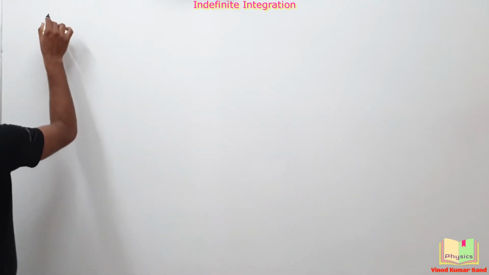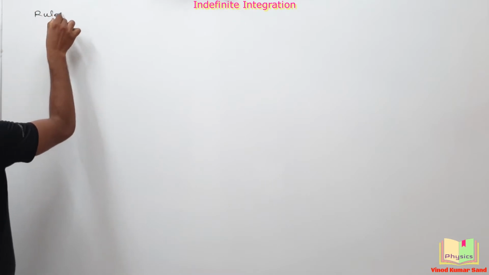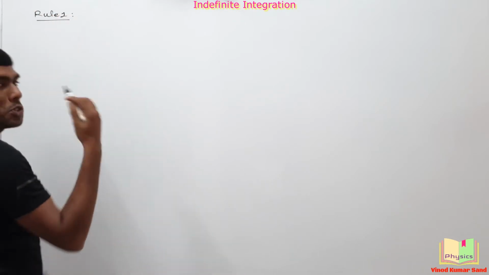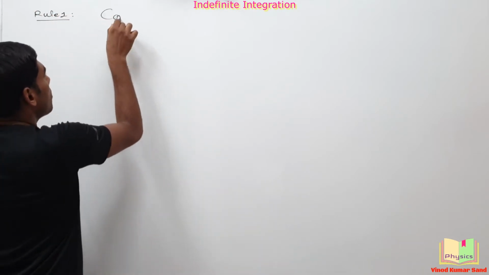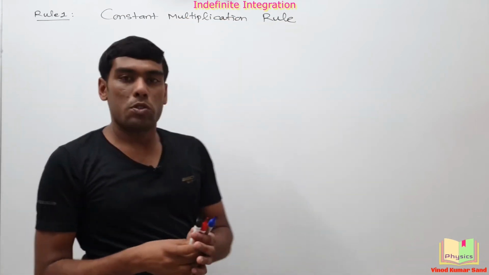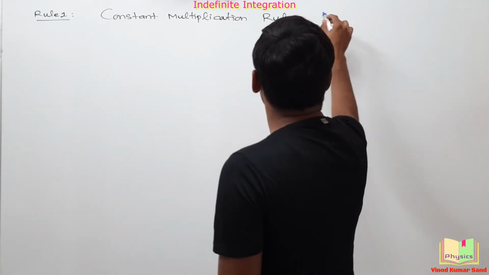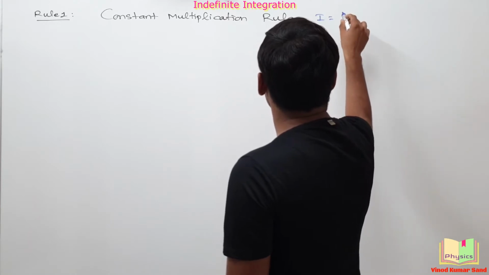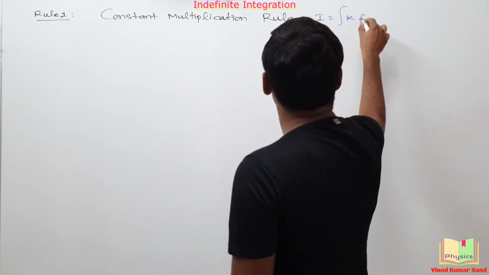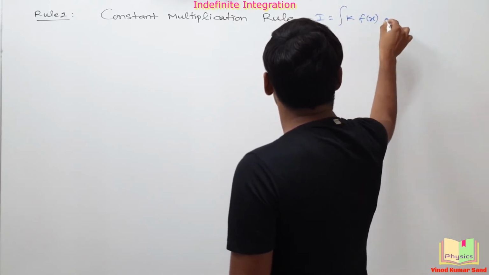Let's check the rule number 1, the constant multiplication rule. It's similar to what we have seen in the differentiation. Suppose you have some constant which is in multiplication. Let's say k is in multiplication and k is a constant.